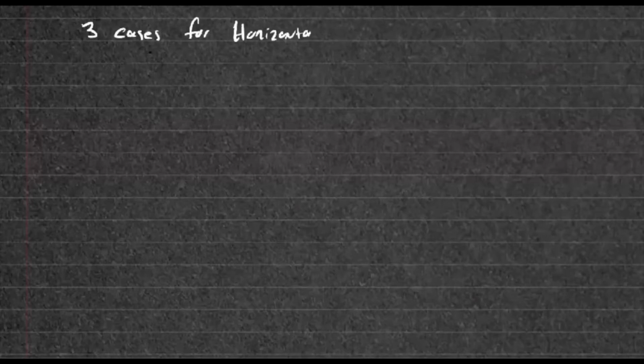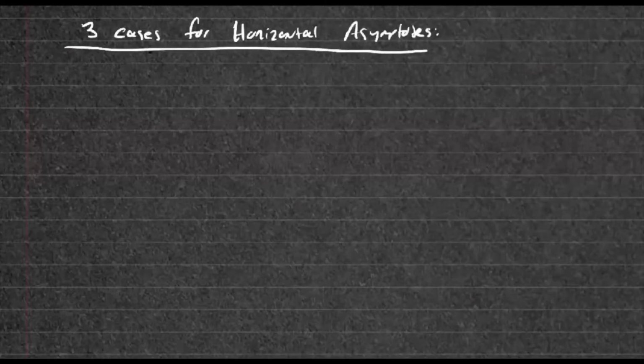So we have three different cases for horizontal asymptotes. One, let's consider if your function is a ratio of two functions.